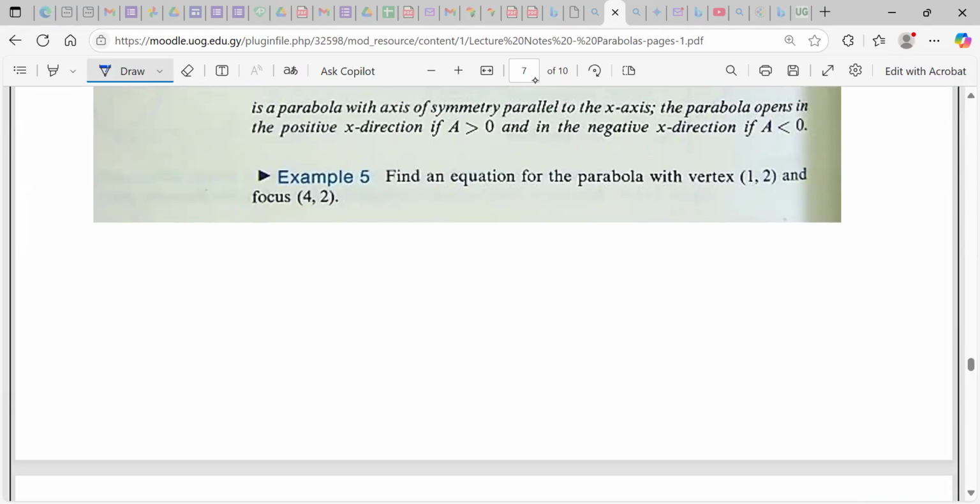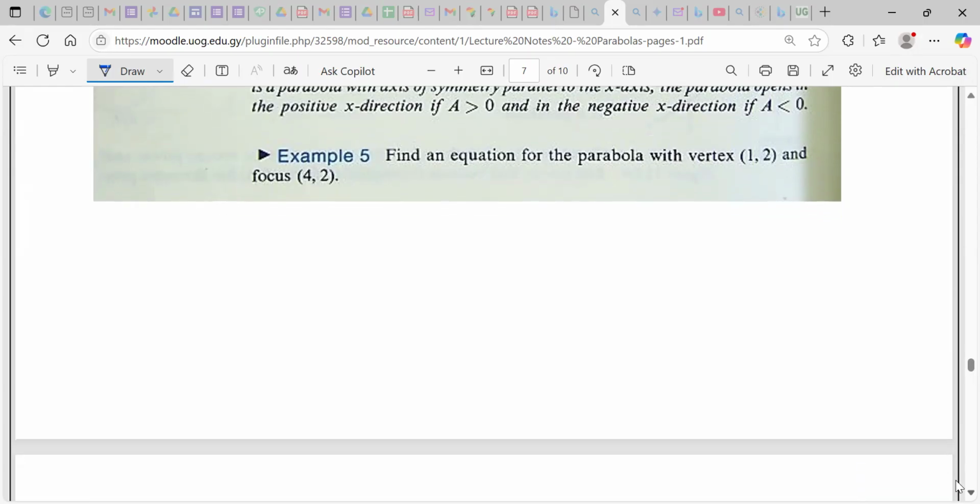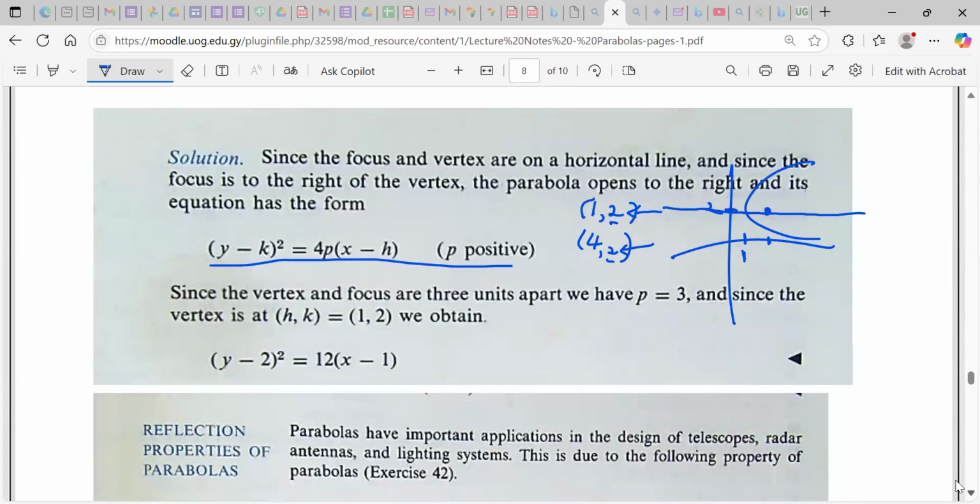I lost my mouse now. So the focus here, down here is 4, right? So (4, 2). The distance from there to there is 3. So the distance from there to the directrix behind here is going to be 3 units as well, right?